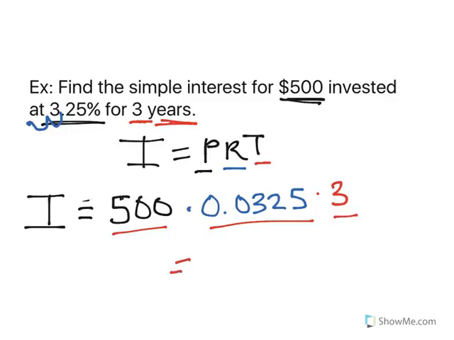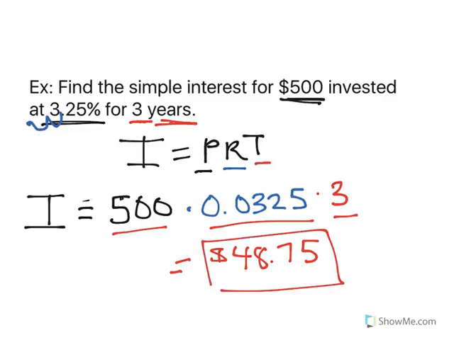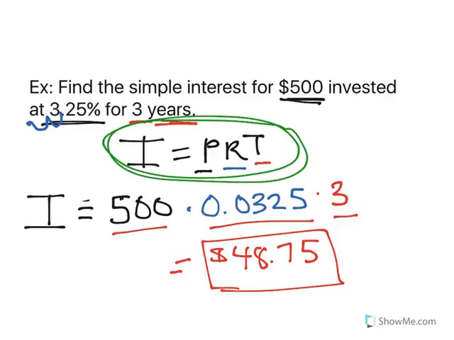After you multiply it, you're going to get $48.75. So after you invest that $500 into this account that gives you 3.25%, you're going to earn $48.75. Again, it all goes back to this formula, so make sure that you're focusing on that formula.